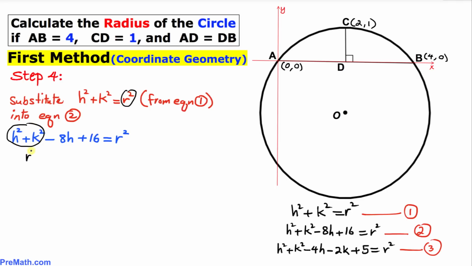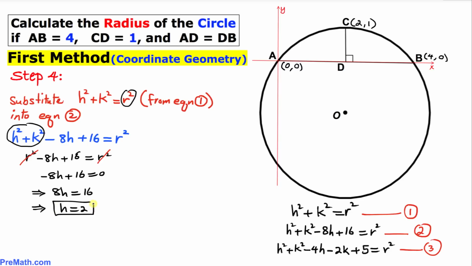So I can write r square minus 8h plus 16 equal to r square, and we can see that this r square and this r square cancel each other out, so we end up with negative 8h plus 16 equal to 0, which implies that 8h equal to 16. That means h is going to be the value 2.